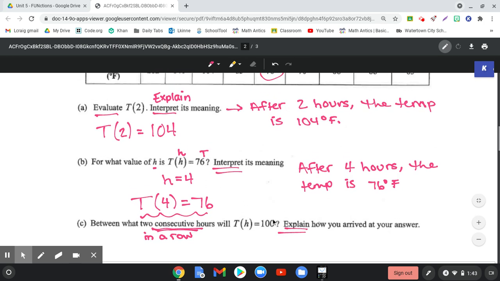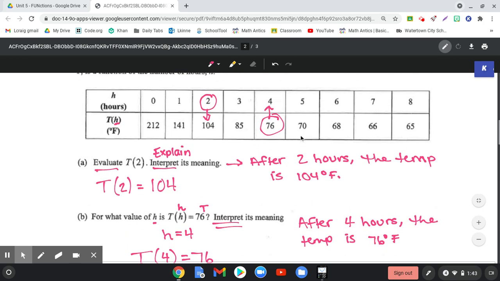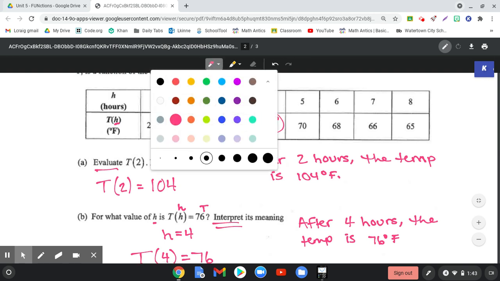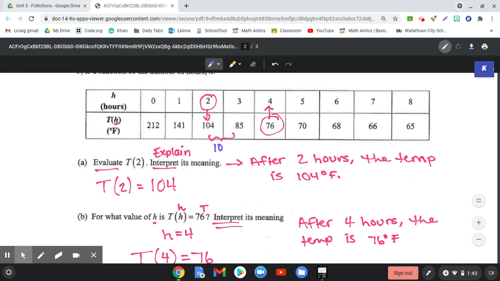Well, let's go up and look. I don't see 100 up here, but again, it's between 2 hours. Well, 100 is going to fall right in there, right? So 100 degrees is going to be right there. So if it falls between 104 and 85, it's going to be between hours 2 and 3.